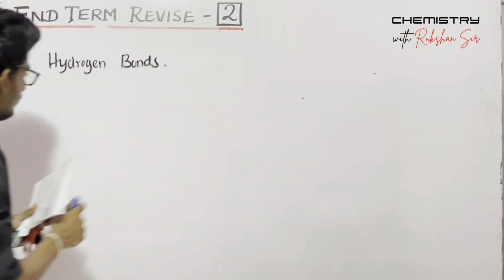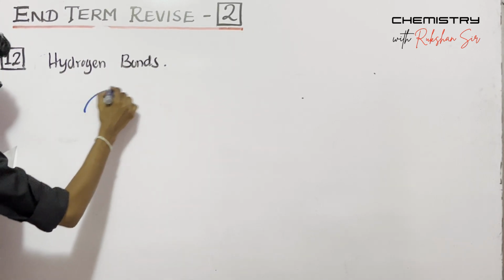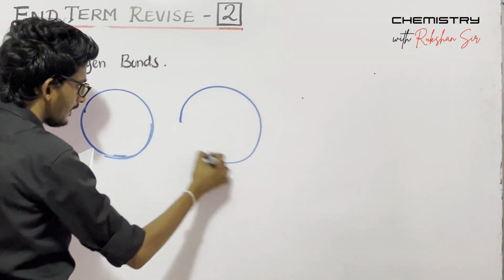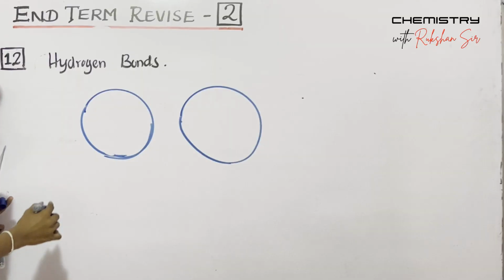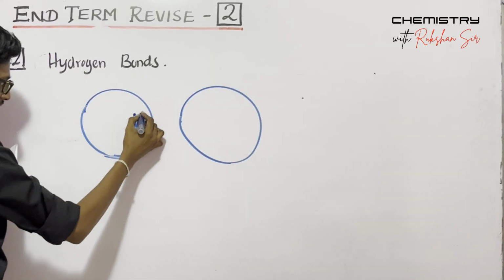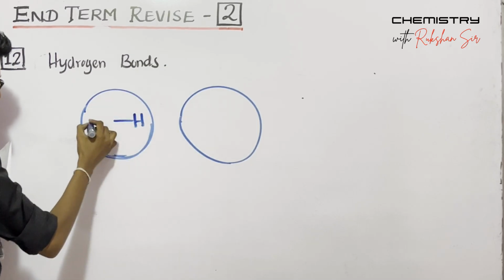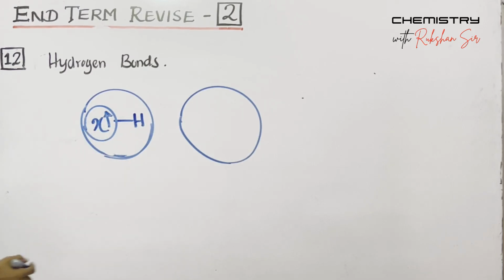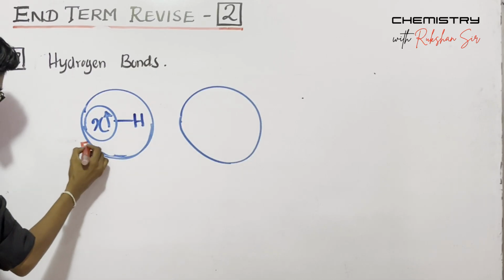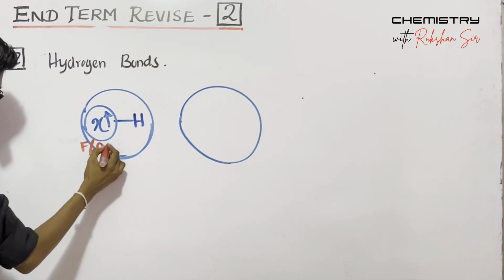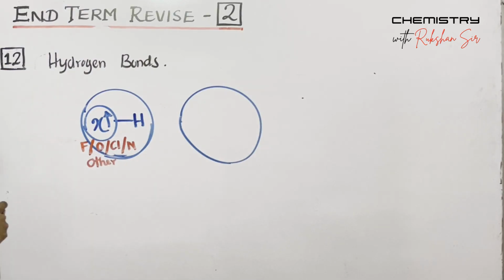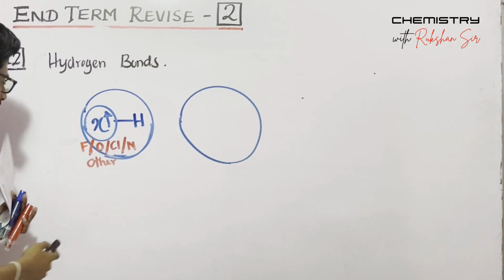If these are the two molecules which are going to form hydrogen bonds, one molecule should have a hydrogen which is connected to a highly electronegative atom. That electronegative atom could be fluorine, oxygen, chlorine, or nitrogen, or some other atoms are also possible if they have great affinities.